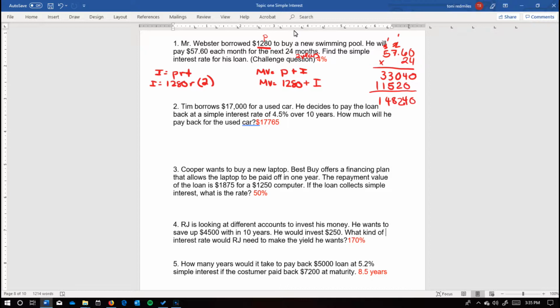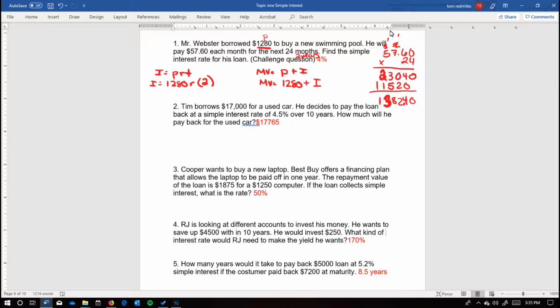That's not what I got when I used the calculator. Let me make sure my math is correct. What did I do wrong? Oh, this is a 23. Sorry. All right. So that is the correct answer right there.